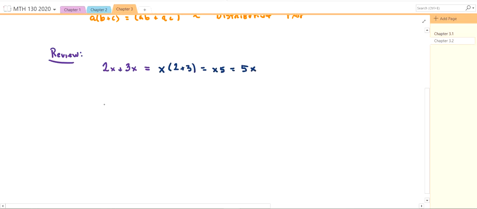So maybe I have 3x plus 2y. Well, maybe I want to isolate this x possibly. So let's pull 3 out. What happens over here?